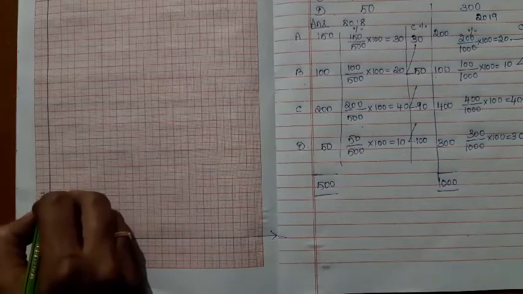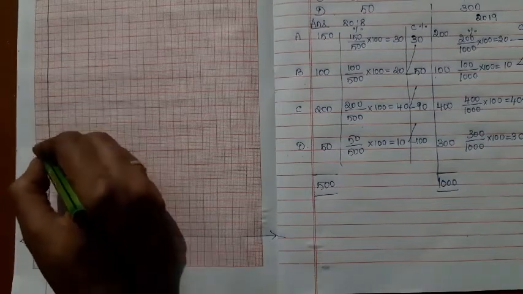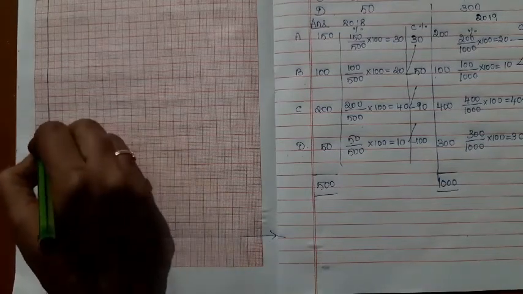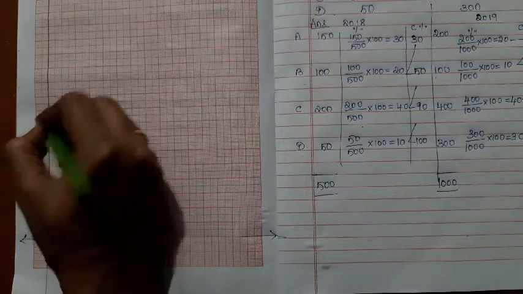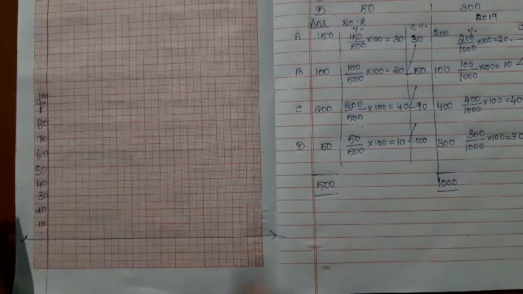So I take the scale like this: 10, 20, 30, 40, 50, 60, 70, 80, 90. This is 100.